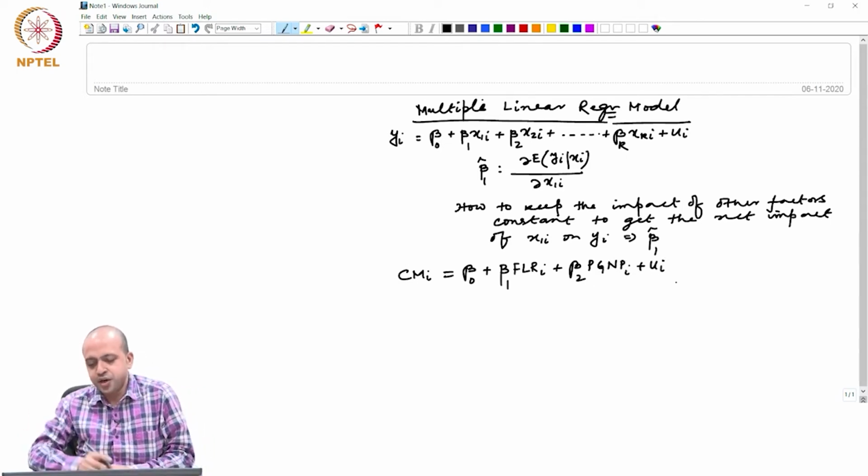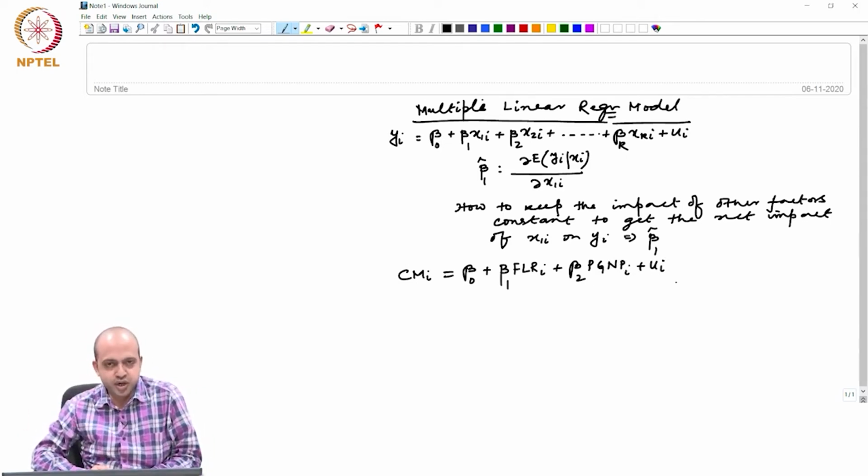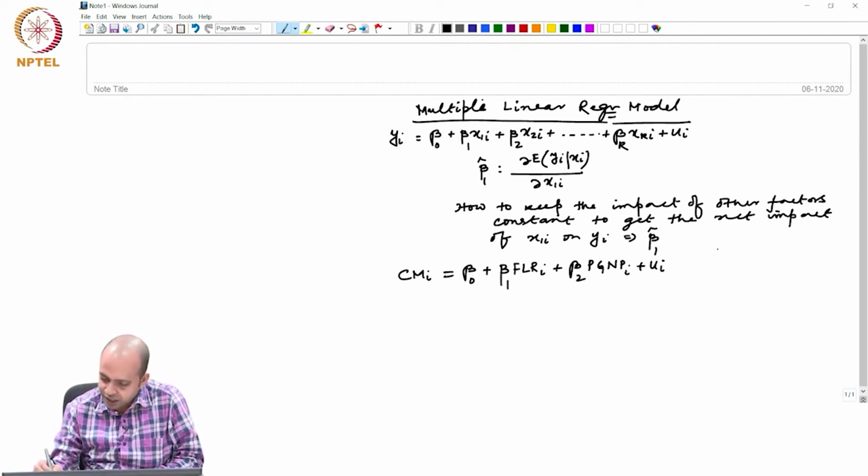So, this is basically state level data. Our dependent variable is child mortality rate, CM, for the ith state. And how is it defined?